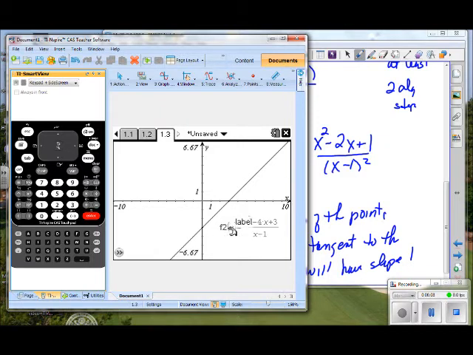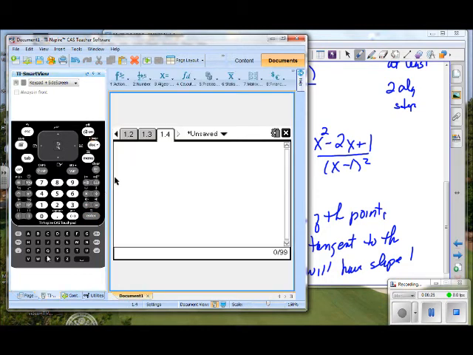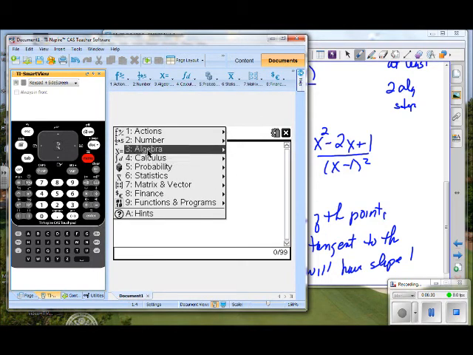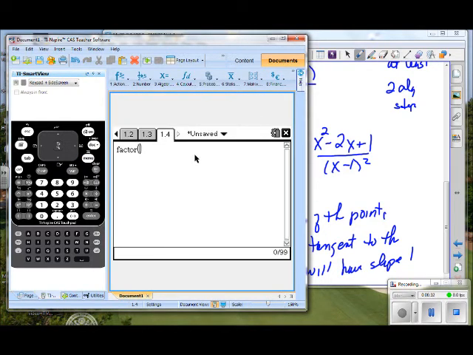Now how can that be? Well, we didn't look to see, could we factor x squared minus 4x plus 3? And if we factor that, what would that be like? So I'm going to go into adding another page, a calculator page, and I'm going to go to Menu and Algebra and Factor.